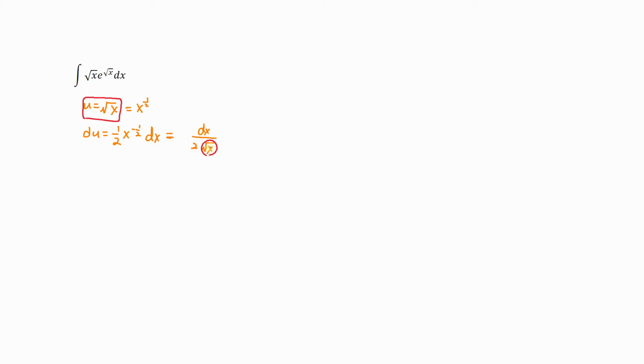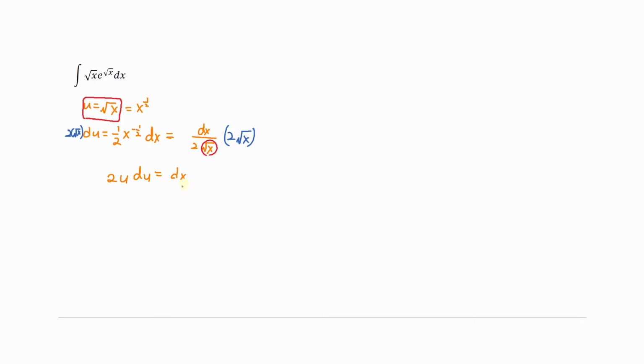So let me first multiply on both sides by 2 times radical x. That way, this bottom gets cancelled so that on the right side, I only have dx. On the left side, I know it might look weird because we have du and radical x, but just like I said, u equals radical x, so I'm going to replace that radical x with u. So I actually get 2u. Notice that they are equal.